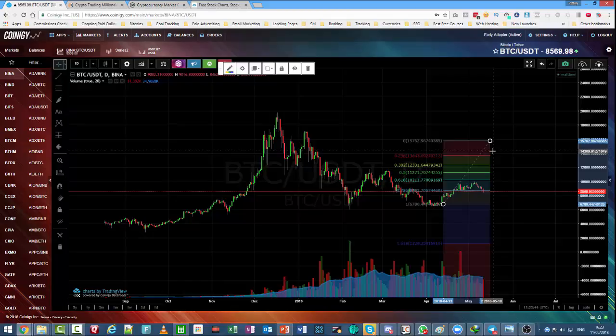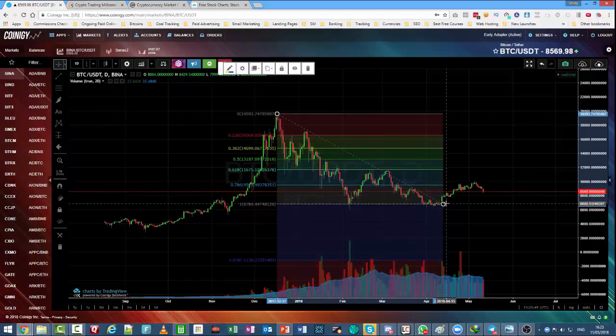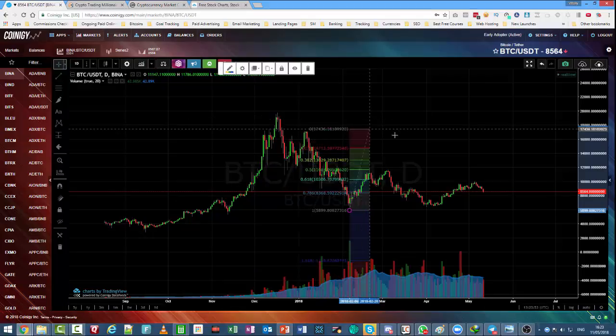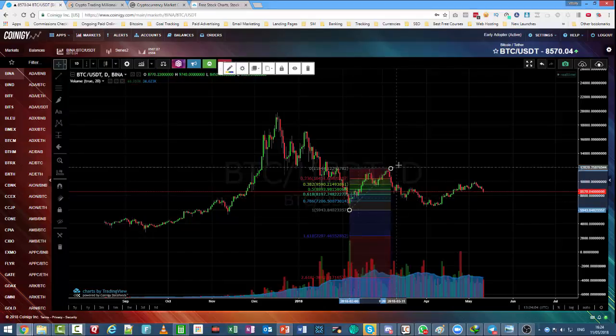Fibonacci is a great way to see and draw real quick the peak and the bottom, and see where we are right now relative to the recent low and the recent high. Let's draw a Fibonacci here and see where we are standing.